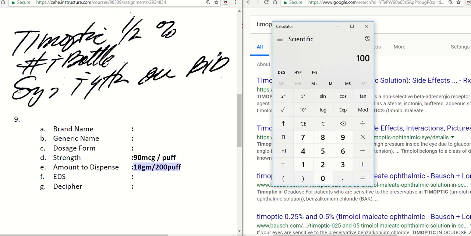So the SIG: 1 GTT OU BID. Instill 1 drop into each eye twice a day. How many drops per day? 4, yeah. So EDS, about 25 days for Timolol.